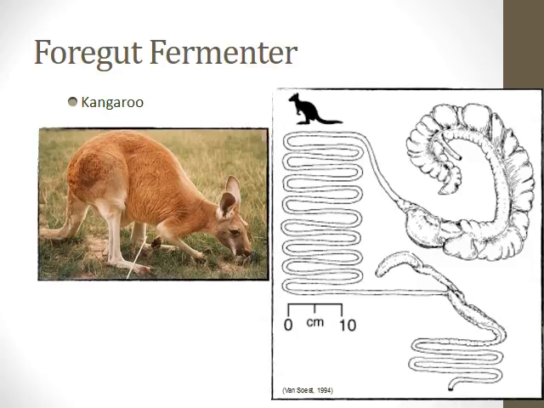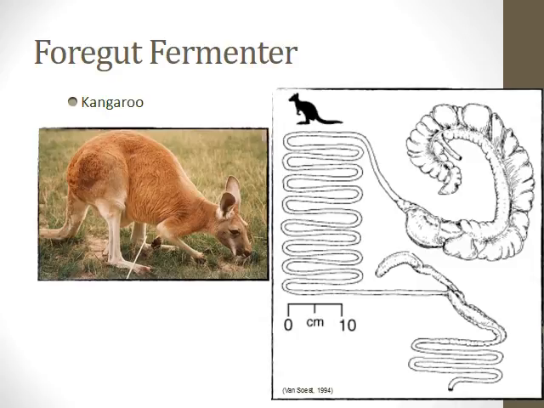Then the second third of the stomach is where that forage is broken down by the microbial organisms, by the bacteria in the stomach. It then passes to the next section, and ultimately to the third section, which is the bulb-like structure just before the small intestine.